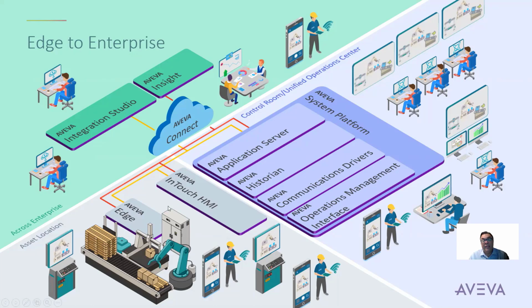And being able to then get that information from the edge type devices, the edge of your network where the things are happening, so to speak, and then get that up into other Aviva products, whether it's InTouch, system platform, or into our cloud-based products, for example, AVEVA Insight, and being able to do some analytics and understand what's going on in your process and being able to improve, feed that back, get actionable insights, improve that stuff that you're doing every day.